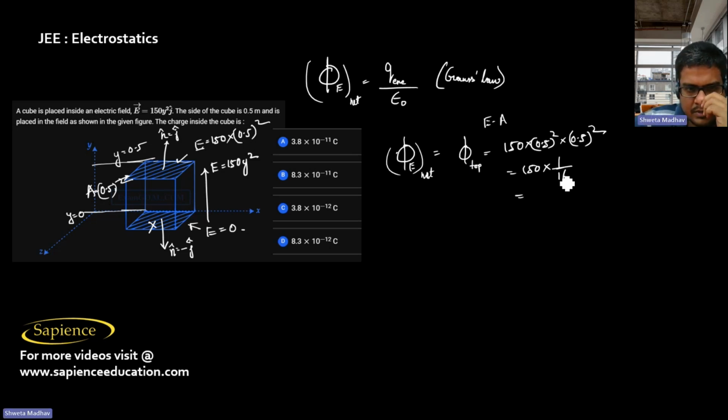This will be, so this much, the electric field. 150 by 16 is the flux, and so it will be Newton meter square per coulomb is the flux.